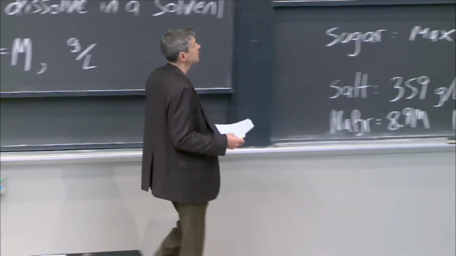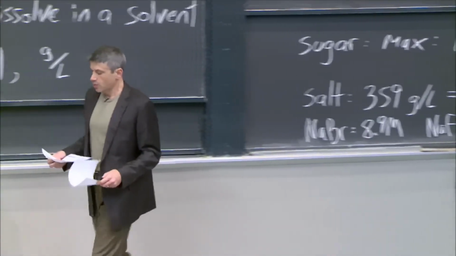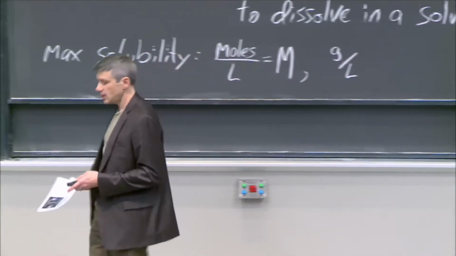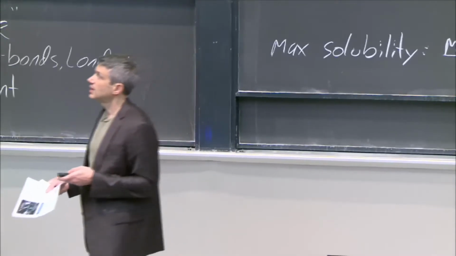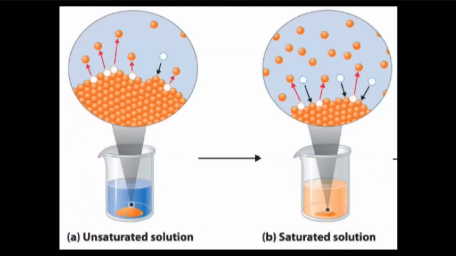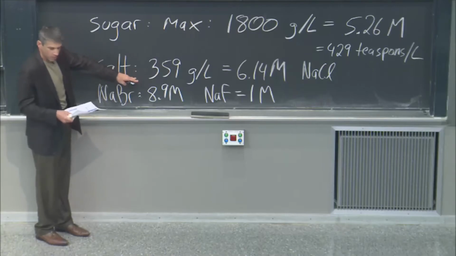Okay, but what I need to tell you about next is this idea that we've reached a dynamic equilibrium. What does that mean? If it's unsaturated, I'm way before this limit.